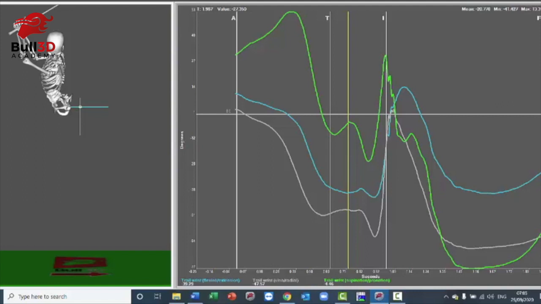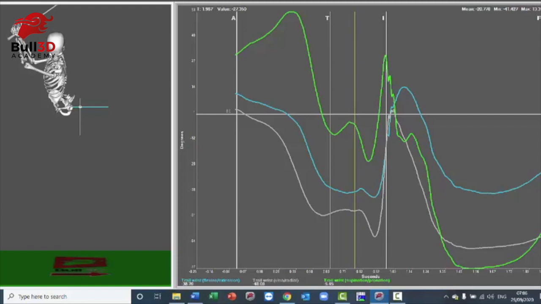Typically, when connecting back to wrist pain, especially in the trail wrist, anytime you see in downswing, so downswing being defined by the T and I phase in that window, essentially the yellow vertical plot, which is moving and corresponds with the animation on the left hand side, is the downswing phase, T being top and I representing impact.